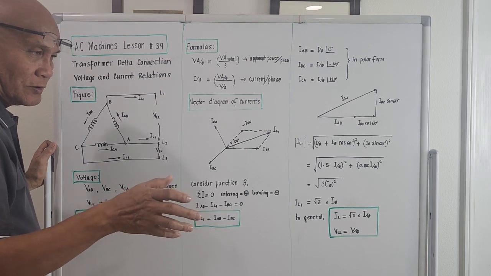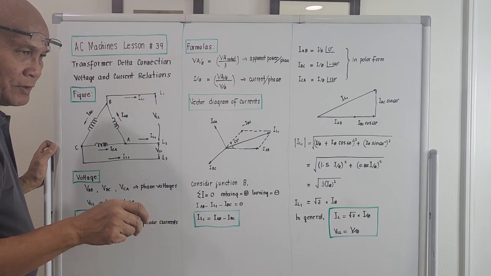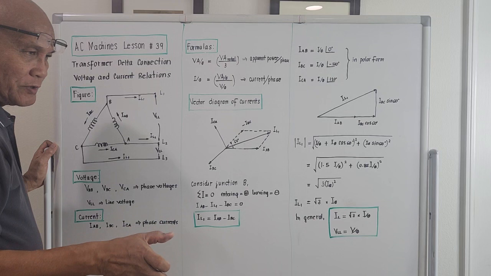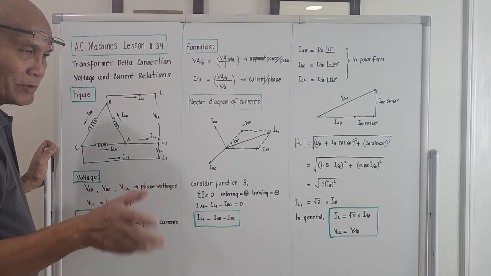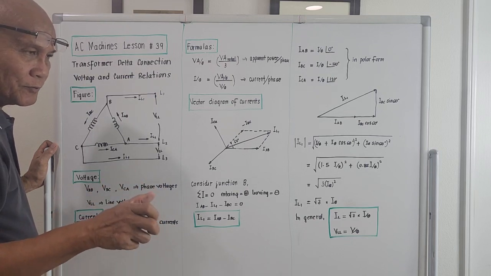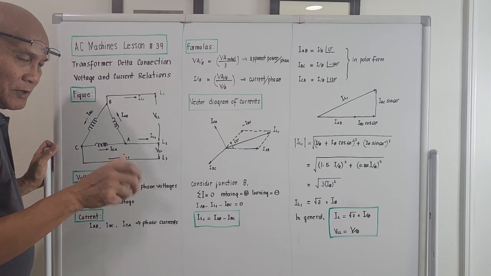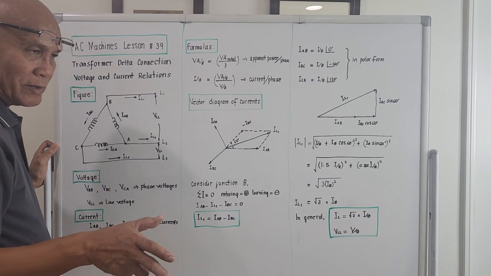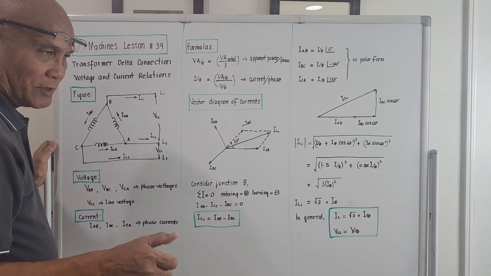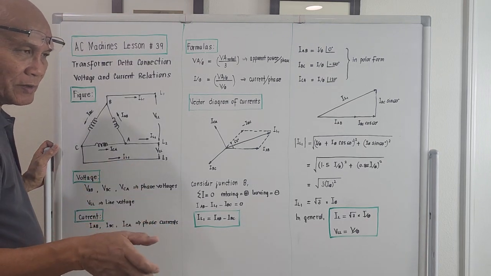The last time around, I gave you the concept of the so-called Y connection. If the connection of the transformer is Y, I derived the relationship of the voltages and currents.